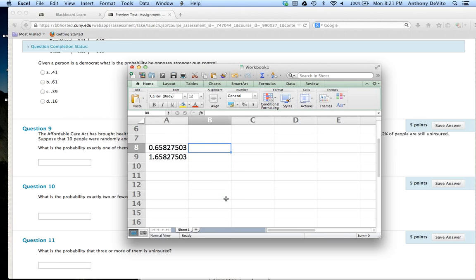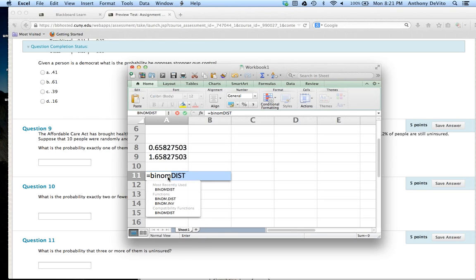If I asked you, what's the probability that more than 2 people would be uninsured? That's not including 2. Well, in that case, I would do equals BINOM.DIST, and they say more than 2, so they don't want to include 2.